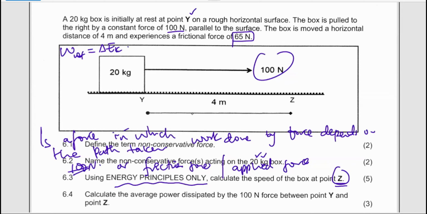This box has a frictional force in that direction, and we have the applied force, so only two forces are acting on this body. To get the net work, I'll get the work done by the applied force and the work done by the frictional force, and then equate it to the change in kinetic energy.